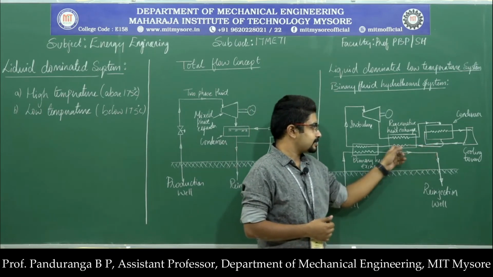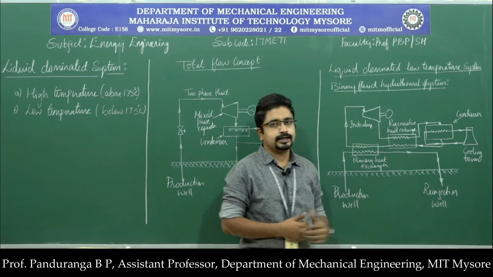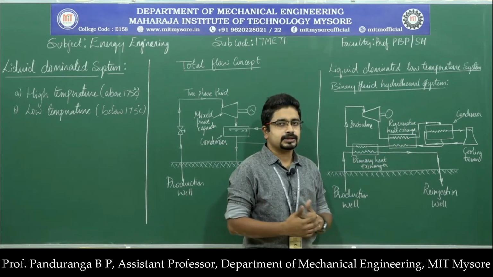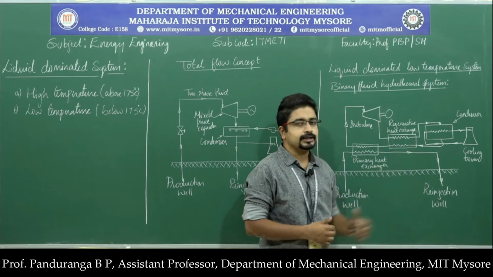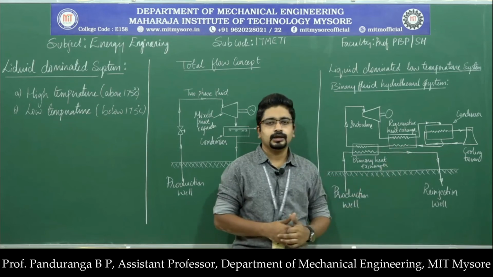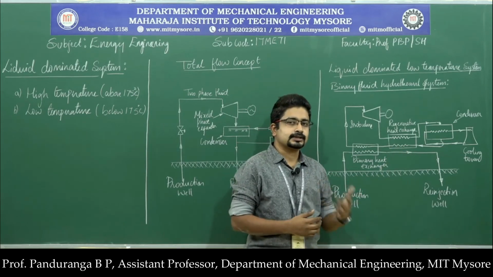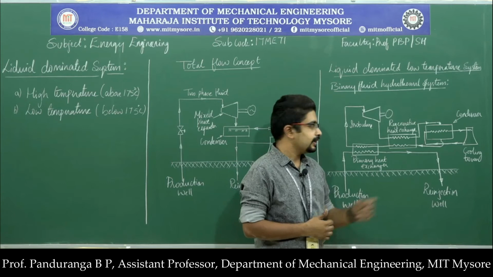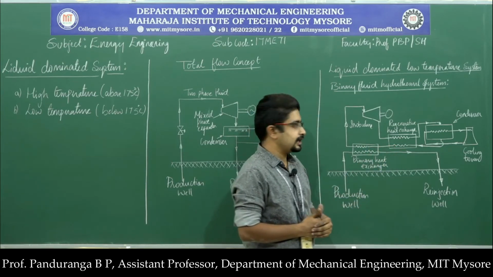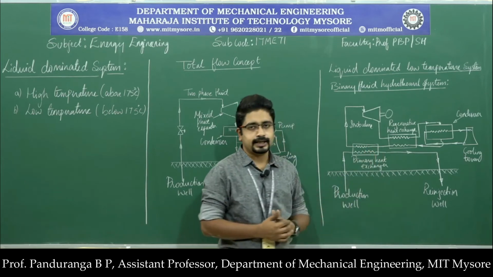The liquid isobutane coming out of the condenser absorbs heat from the vapor and liquid mixture of isobutane coming out of the turbine, and the liquid isobutane temperature increases to saturation temperature, and that saturated isobutane in the liquid state enters the primary heat exchanger.